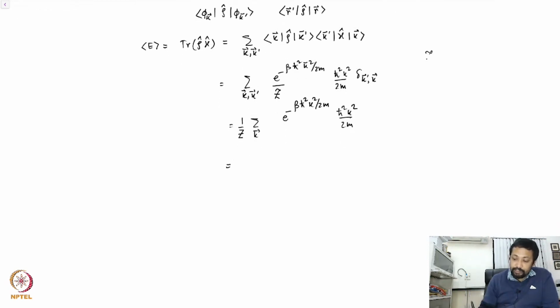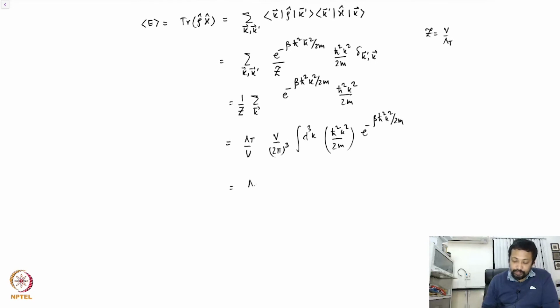I know that the single particle partition function is v over lambda t, so this becomes lambda t over v. The sum over k can again be converted to an integral, d cube k, and I have h bar square k square over twice m times e to the power minus beta h bar square k square over twice m.